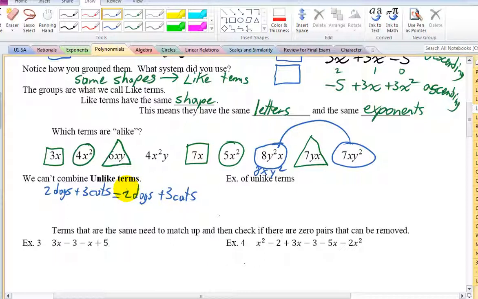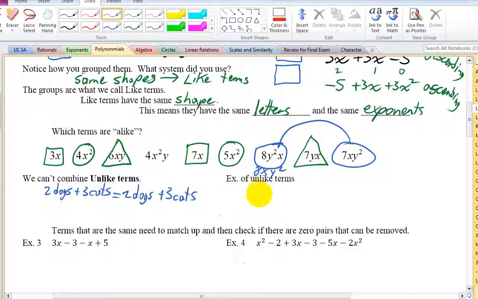Okay? So, if Tim has 2 oranges, 2 apples, I have 2 oranges, 2 apples. How many do we have altogether? 4 oranges, 4 apples. Okay? We do not make an apple orange. There's no apple oranges.